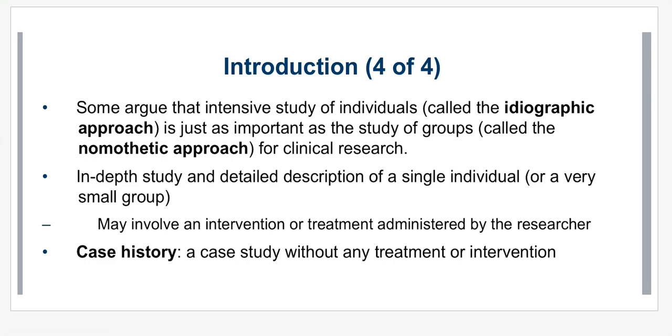But it also could be what's called a case history instead of a case study, where there's no treatment or intervention. We're just trying to get a very detailed description of a person or a group of people, and we just want to get as much detailed information about them as possible. That would be more of a case history, because there's no treatment or intervention.